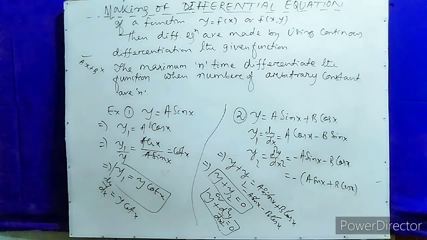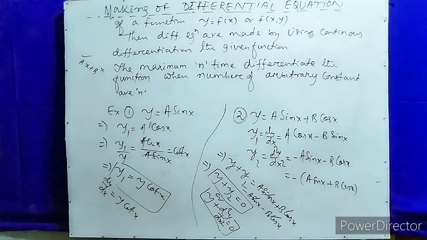So here it is, I am just giving it again. First of all, you count the number of arbitrary constants. How many arbitrary constants are there? Which are the arbitrary constants? The constant along with a variable is known as an arbitrary constant.